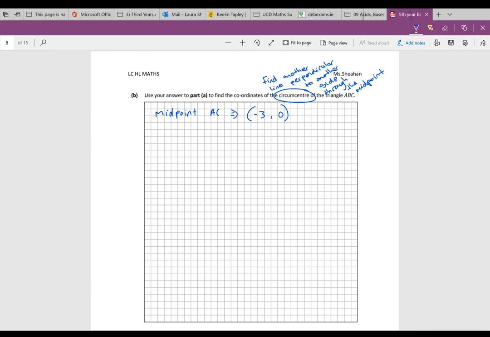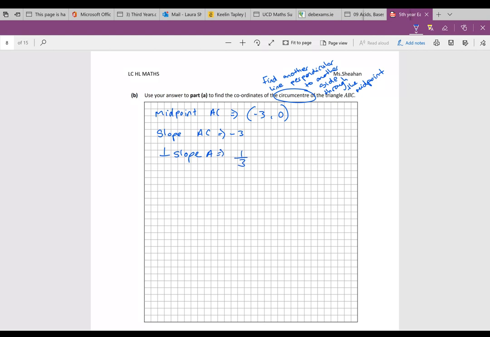The next one, you've got the slope of AC, which is minus 3. The perpendicular slope of AC is then 1/3.